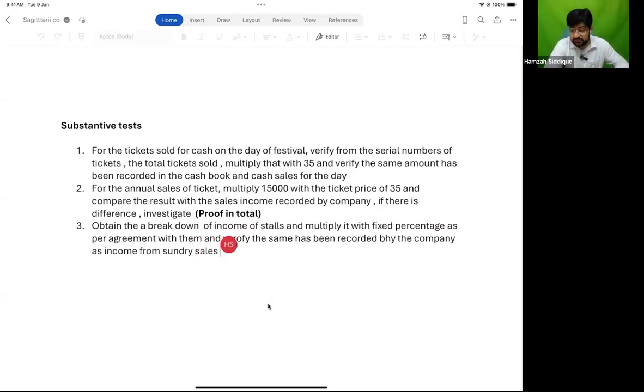On the festival, people put up stalls and the management takes a fixed percentage. This is what is happening.